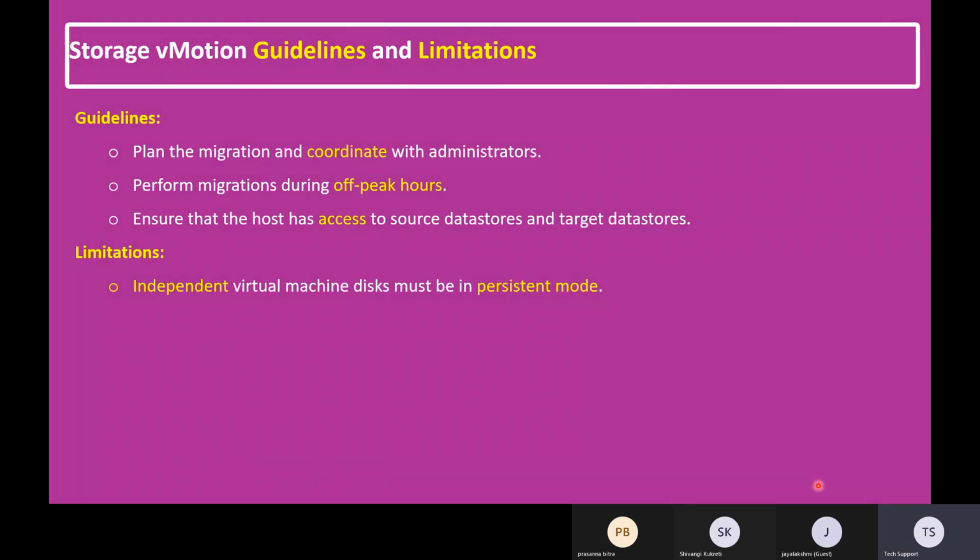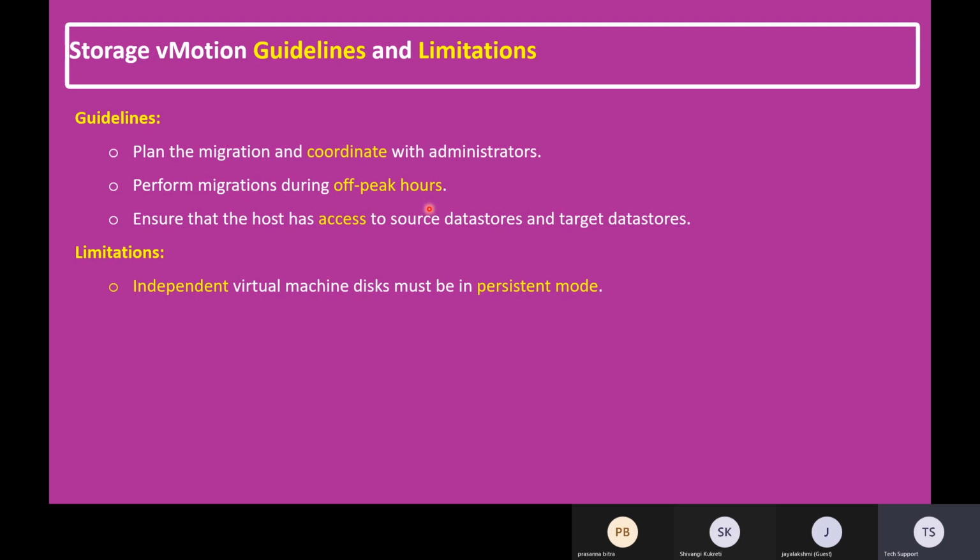Now, SvMotion guidelines and limitations. Same as vMotion, SvMotion also has some guidelines and limitations. Plan the migration and coordinate with administrators. Normally we perform SvMotion along with your storage administrators, and perform the migration during off-peak hours. Off-peak hours means non-business hours, because if you try to do SvMotion during office hours, there will be network performance or storage latency issues.